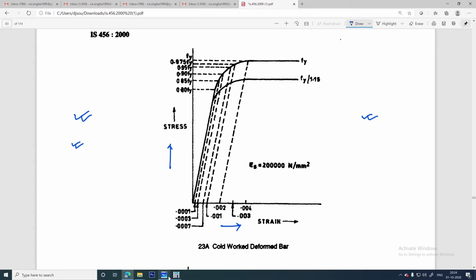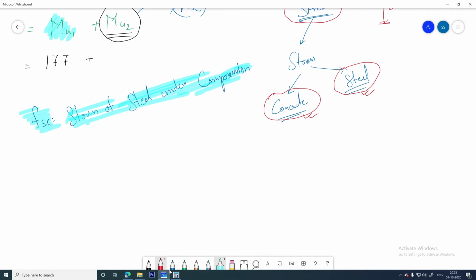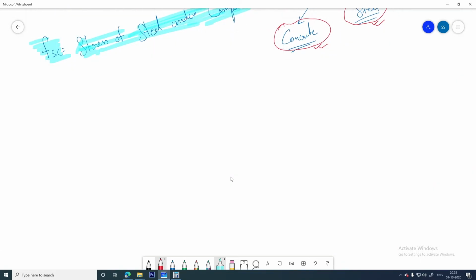So what I have told you is that we need to determine the strain first. For that you draw the beam section. This is the beam section. You have two levels of reinforcement.